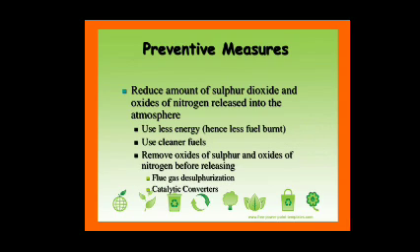Remove oxides of sulfur and oxides of nitrogen before releasing into the environment. Fourth one, flue gas desulfurization. Last one, catalytic converters are used in industries, then reduce the oxides of sulfur, nitrogen and carbon. This one is one of the prevention methods.